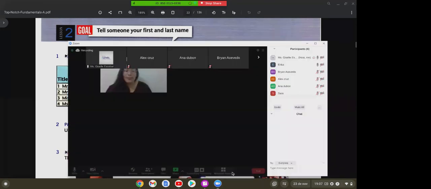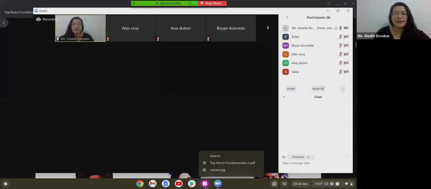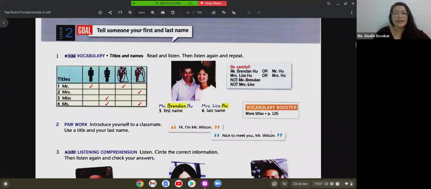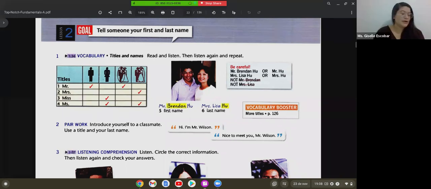First and last name. Okay, can you repeat that, all of you? First. So that's the goal for today's class. Tell someone your first and last name. Can someone tell me the meaning of the goal?